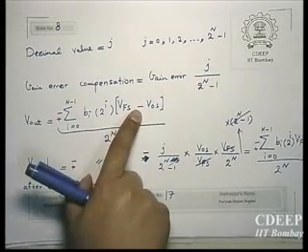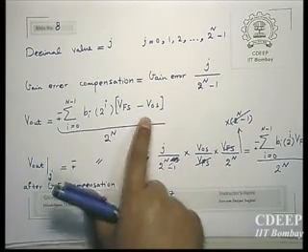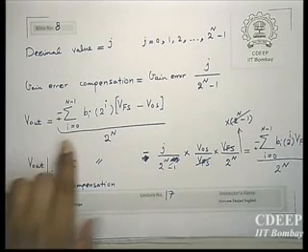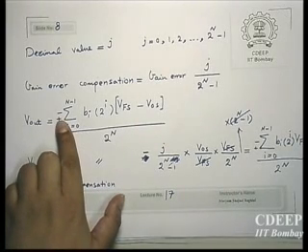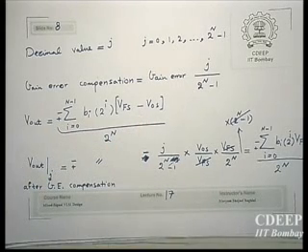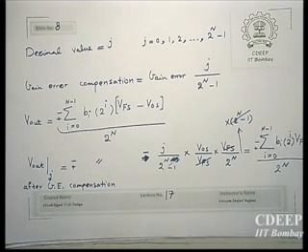Negative into negative is positive, and this is negative j upon 2 to the power n into V offset. When we want to correct, because it is an inverting amplifier, we'll get more at the output, so gain is more. Now we will reduce it, therefore we will have a negative. Is it correct?